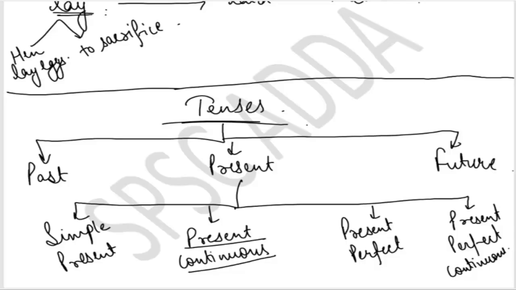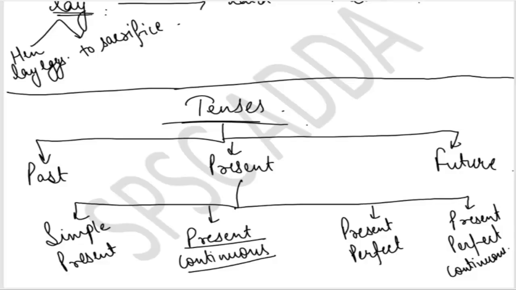Similarly, past is also further subdivided into 4 parts: simple past, past continuous, past perfect, and past perfect continuous. And similarly, future is also divided into 4 subparts, which is simple future, future continuous, future perfect, and future perfect continuous.